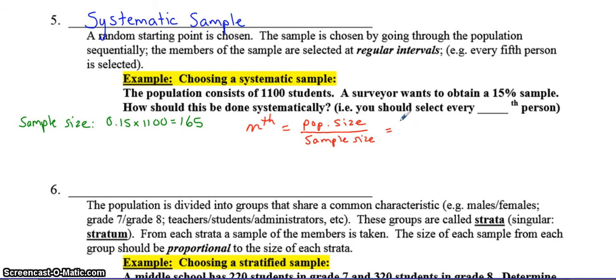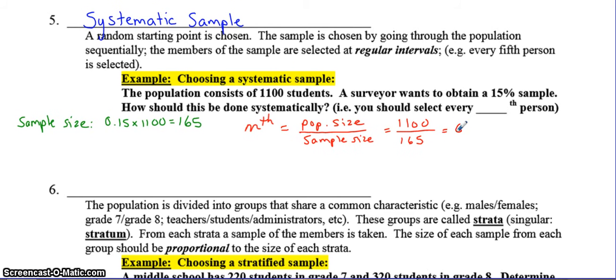So if you take 1,100 and divide it by 165, you get about 6.7. That means you should sample every 6th or 7th person.